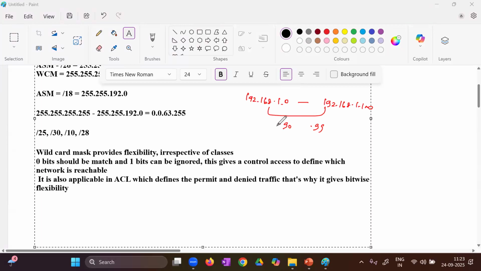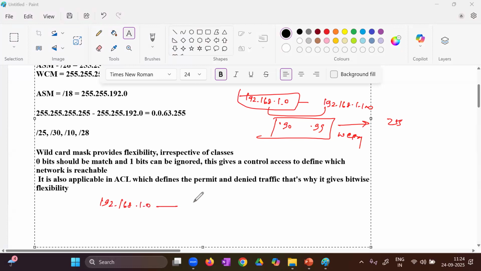For that we can use this wildcard mask, which is the opposite of the subnet mask. When writing the deny part, you write 192.168.1.0 till 192.168.1.89.